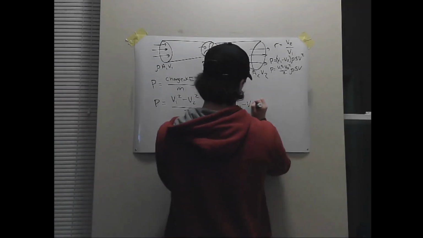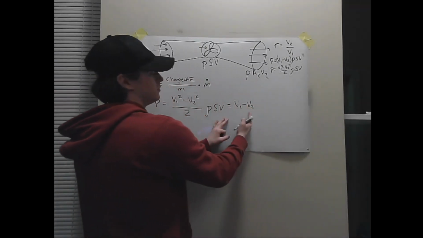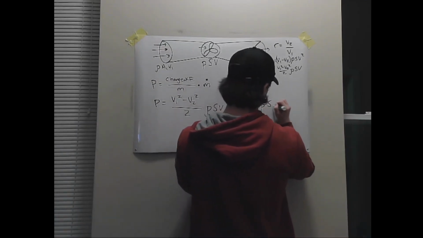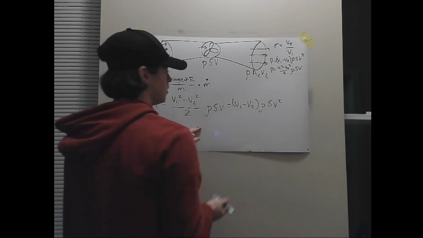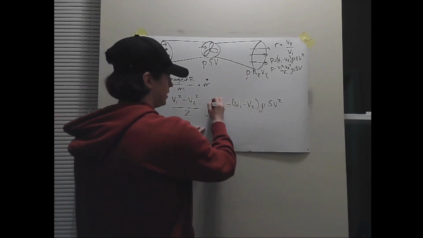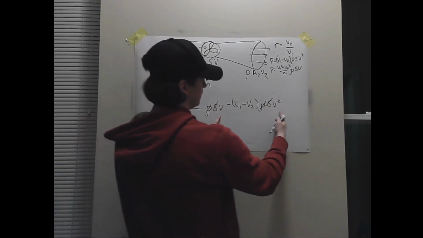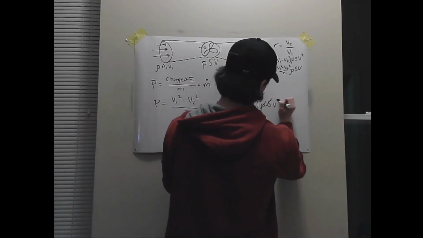So our second equation, we'll set it equal to V1 minus V2 times rho S V squared. So right away, we can go ahead and cancel out S and rho from both sides. We have a V and a V squared, so we can cancel those out.